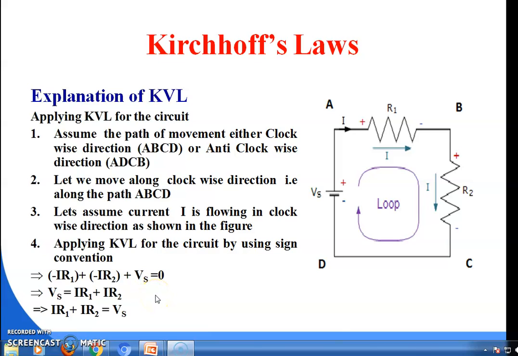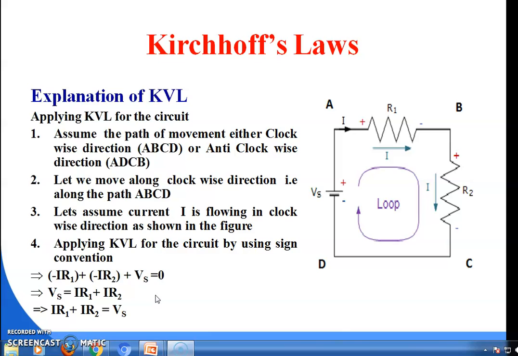As we have discussed earlier, Kirchhoff's laws are divided into two types: one is Kirchhoff's current law and another is Kirchhoff's voltage law. Kirchhoff's current law states that the algebraic sum of currents meeting at a junction or a node is 0.